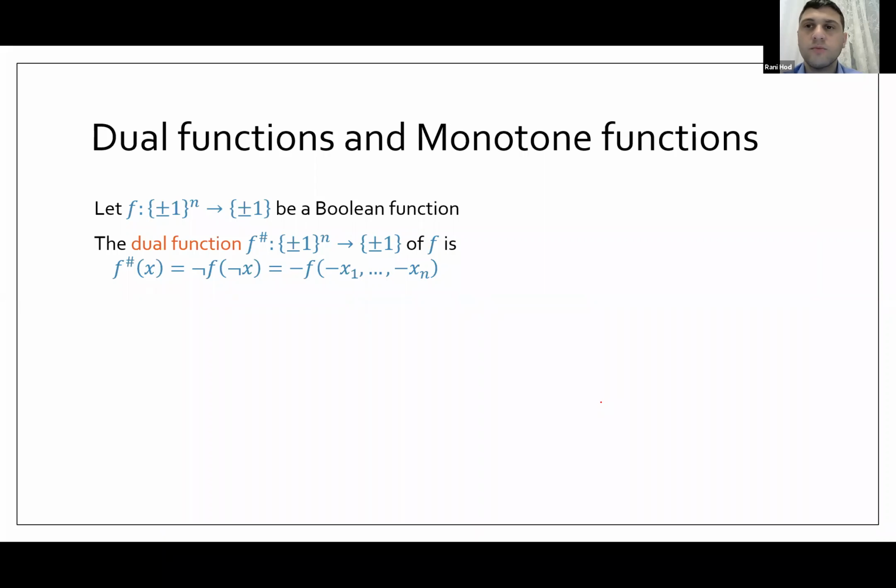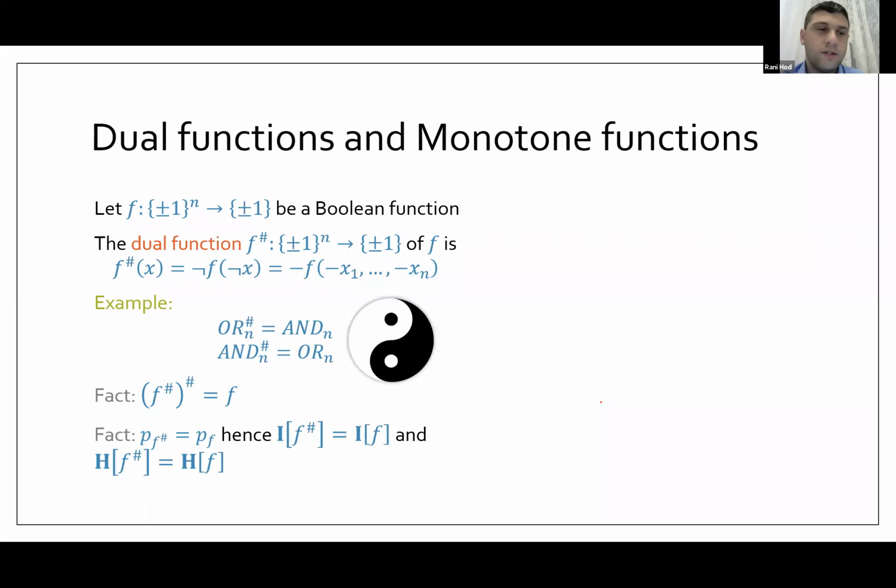Before that, let me just define a few more things. So I'm going to define the dual function. You negate the input and the output of the function. That gives you a different Boolean function that we call the dual. For example, if you do this to OR, you get AND. If you do this to AND, you get OR. That's the De Morgan laws.